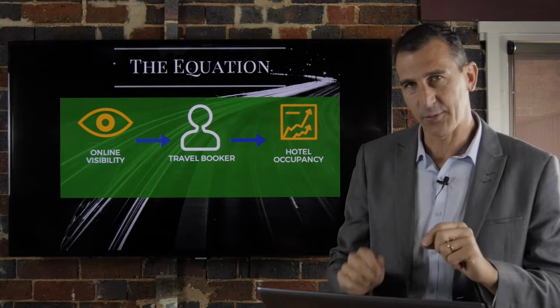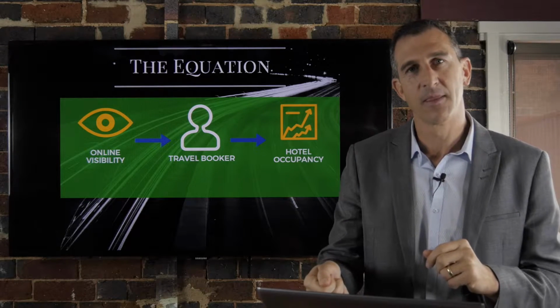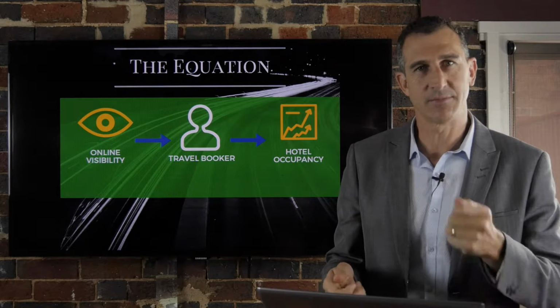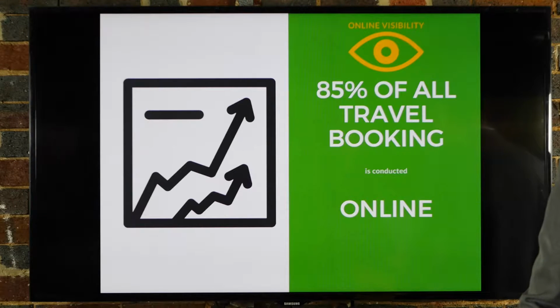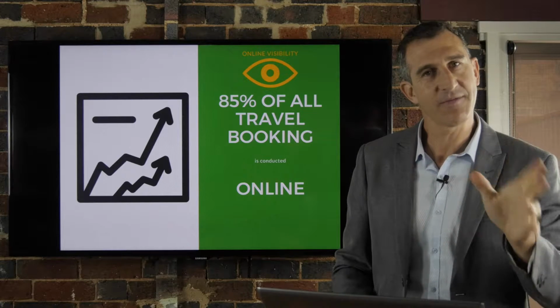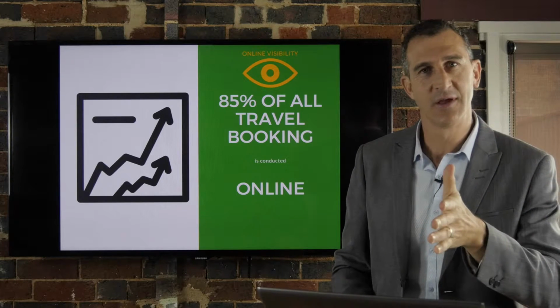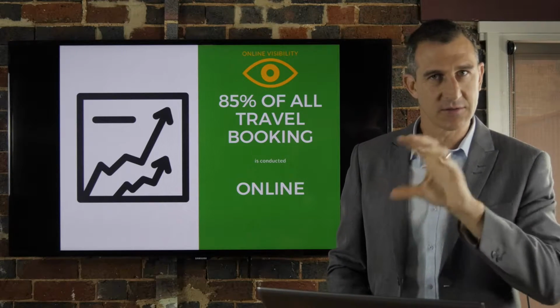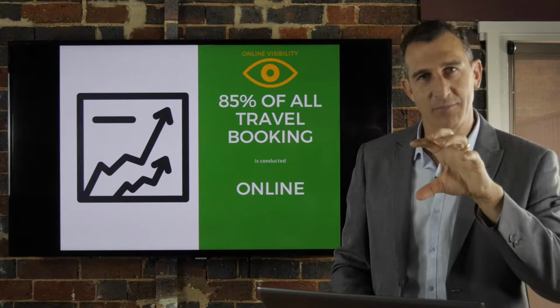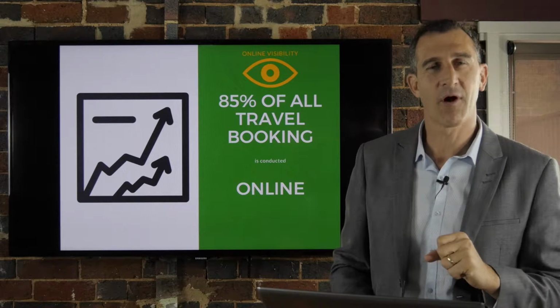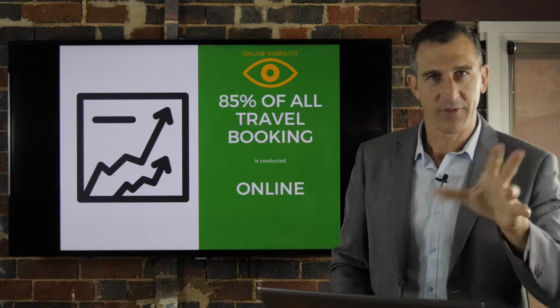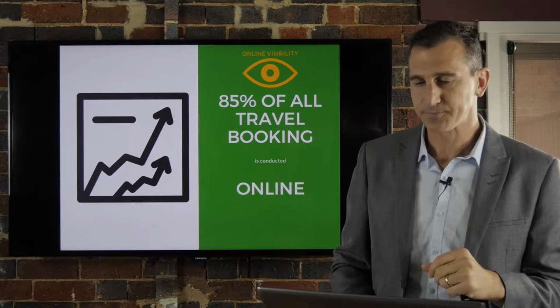Because what it comes down to when we're trying to drive occupancy, it's all about your online visibility, because 85% of all travel booking is conducted online these days. 85 out of 100 travel bookers will go to the web to start to research and potentially make a direct booking online when they're looking for accommodation deals.